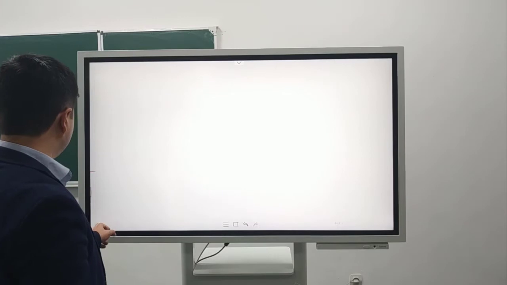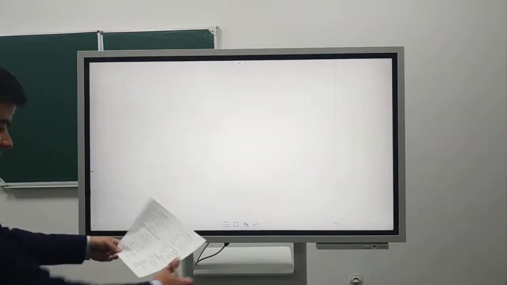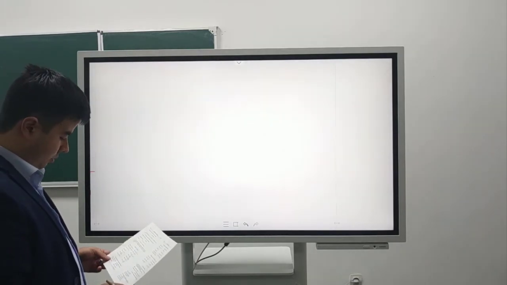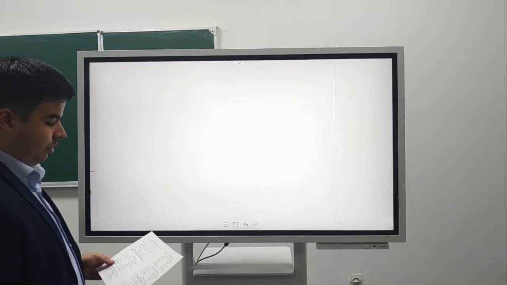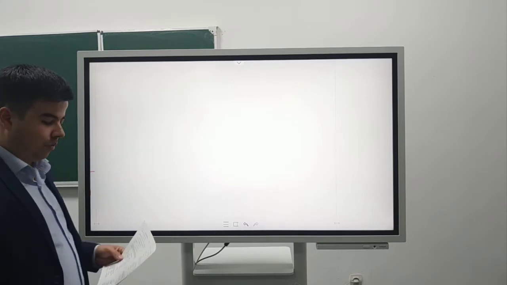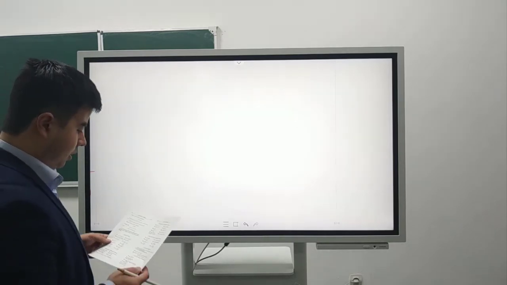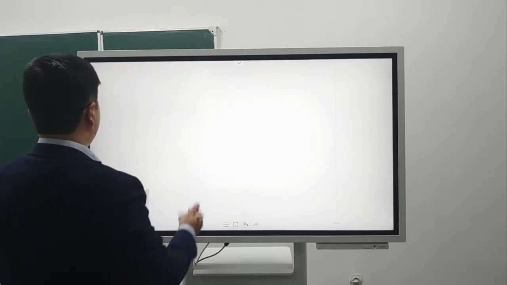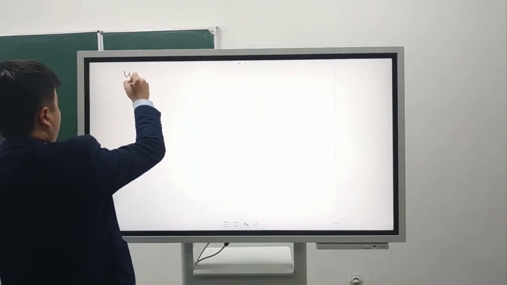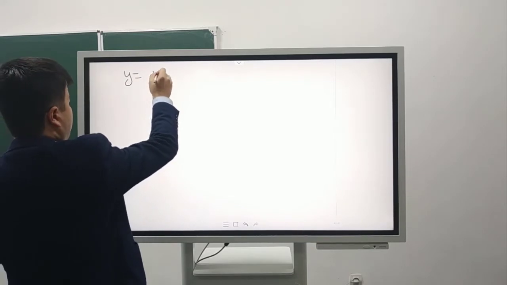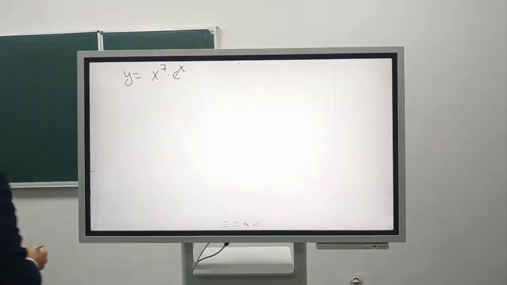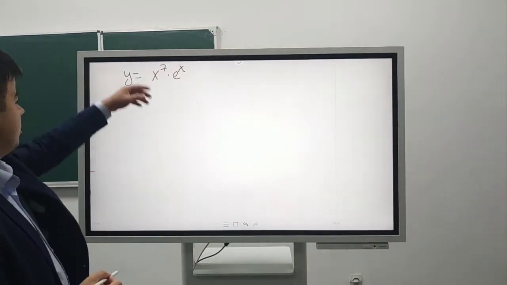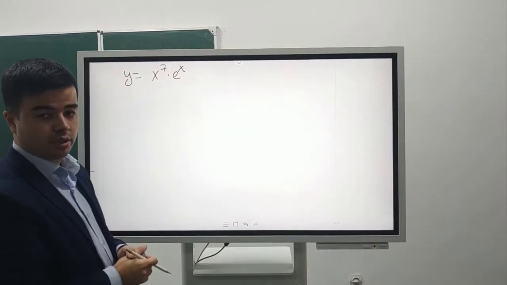Okay, let's move to the next section. It is exponential and logarithmic functions. And here, for example, let's consider this one: y equals x to the 7th degree times e to the power of x. Here also we need to use the rule of the derivative of a product.